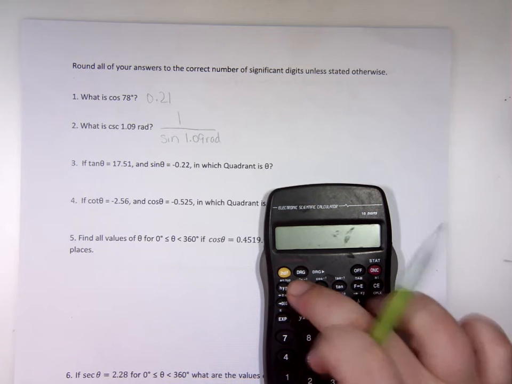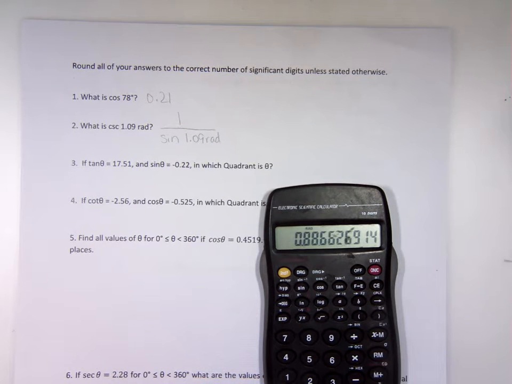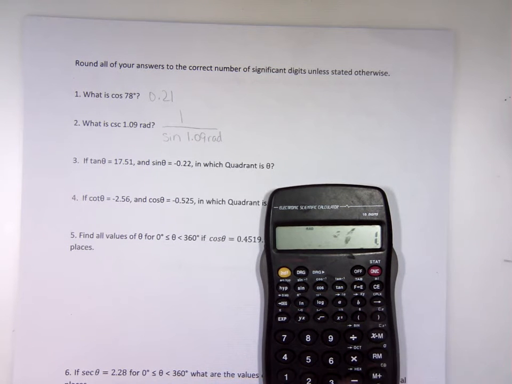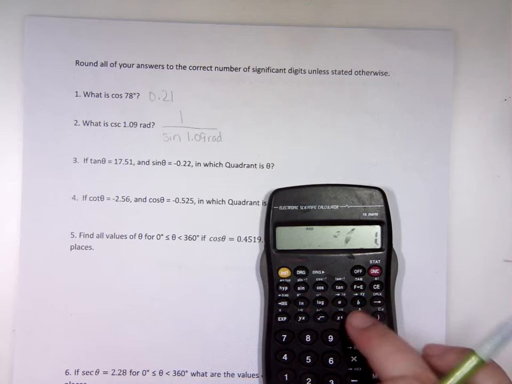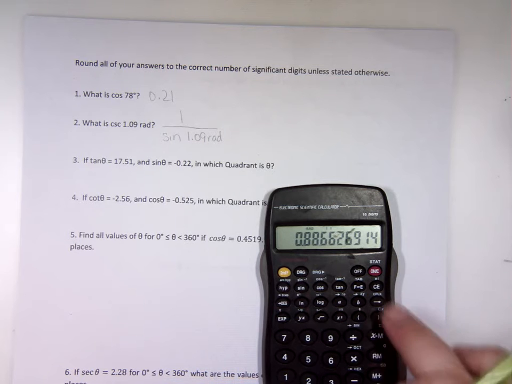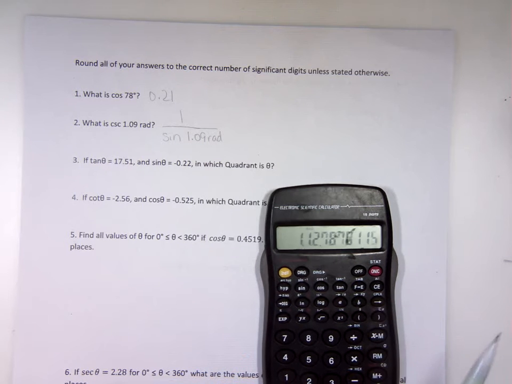We take the sine of that, and then, do I have a reciprocal button? I thought I did. I guess I don't, so let me back up. I'm going to do 1 divided by parentheses 1.09 sine, close parentheses.